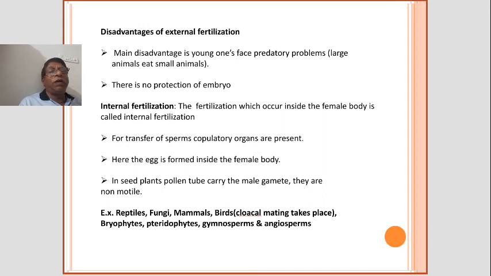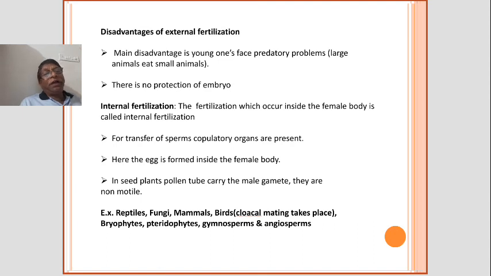For transfer of sperms, copulatory organs are present in animals. Okay. In internal fertilization, the egg is formed inside the female body. Take man also. In human being, the ovum is formed in the female.